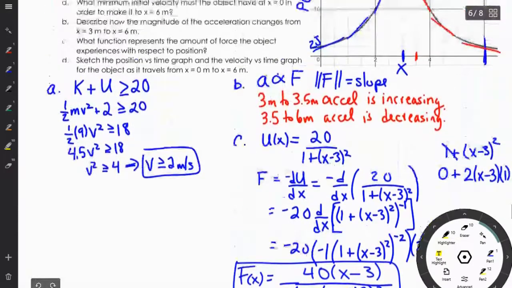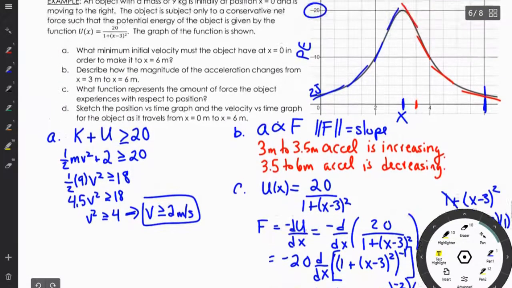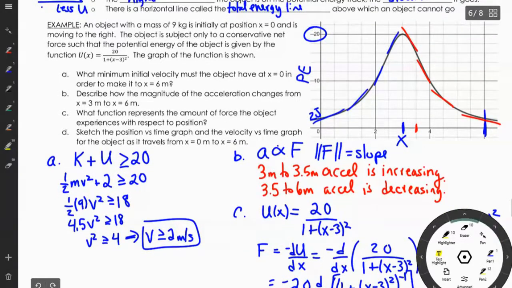The last part says to sketch the position versus time graph of this function. Let me erase my lines here, just so we can have a clean look at this. The way to think about it is, if I take a marble, what is happening to that marble as we're traveling along this roller coaster?